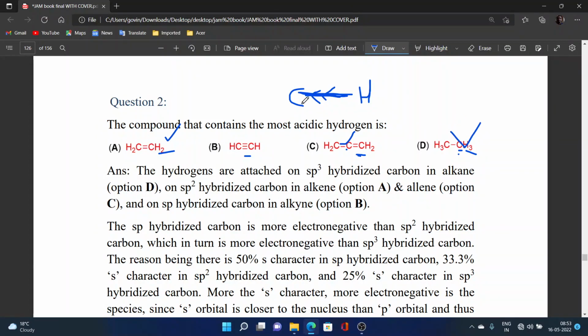So this carbon is more electronegative than any other carbon which has hydrogen, and because it is more electronegative, it will be able to stabilize negative charge more than others. Therefore it will be easier to remove this proton on the alkyne than to remove the proton from any other, and therefore B is the answer. The alkyne proton is most acidic compared to others.